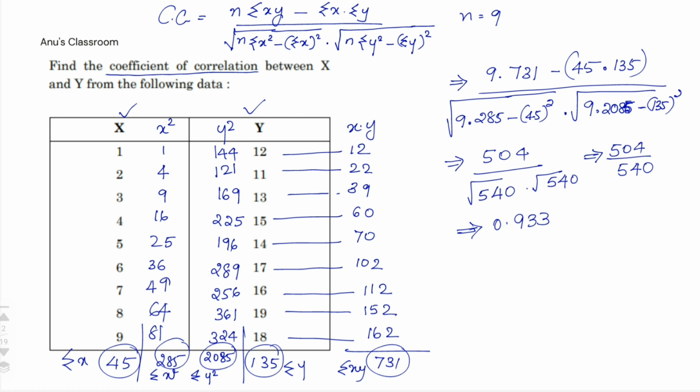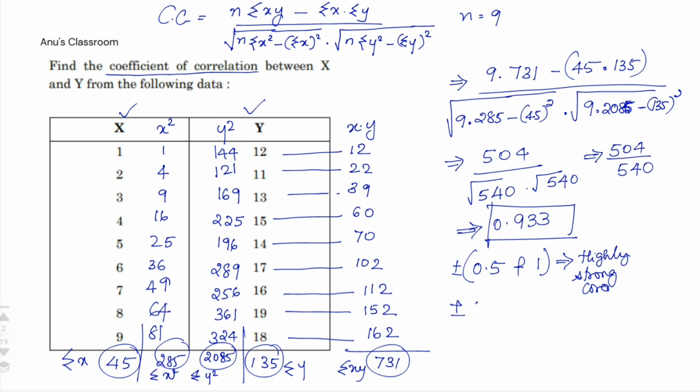Now, according to the rules of correlation, if your correlation coefficient is between 0.5 and 1, plus or minus, it is high or strong correlation.